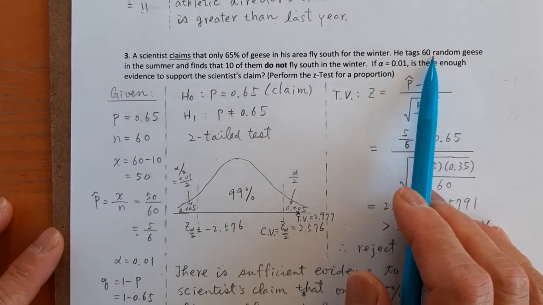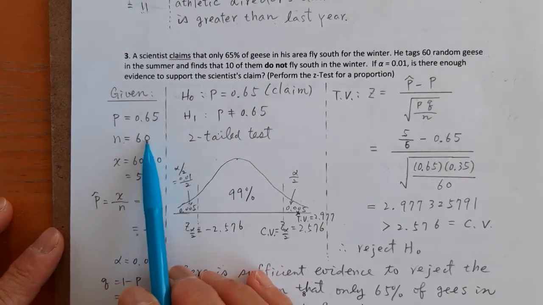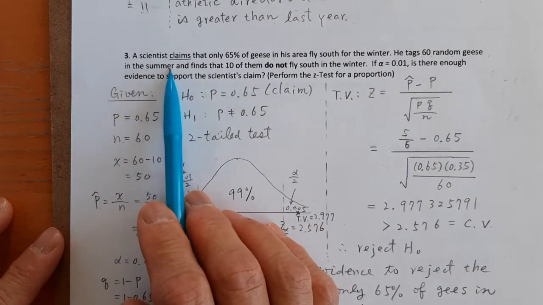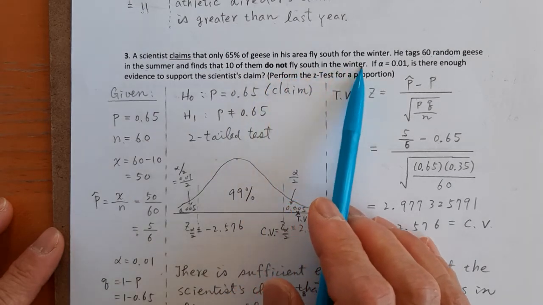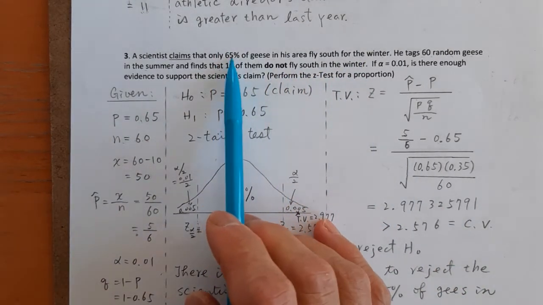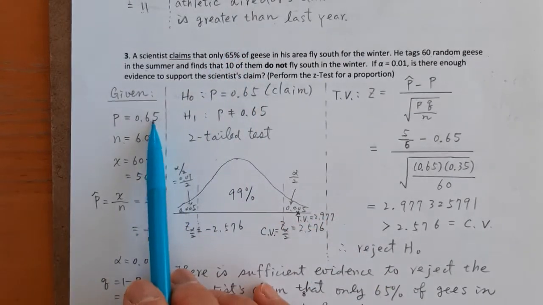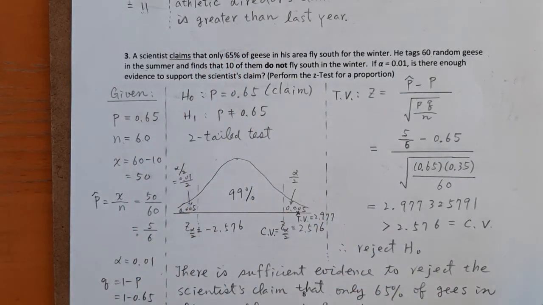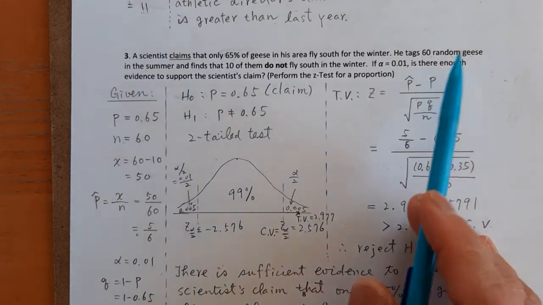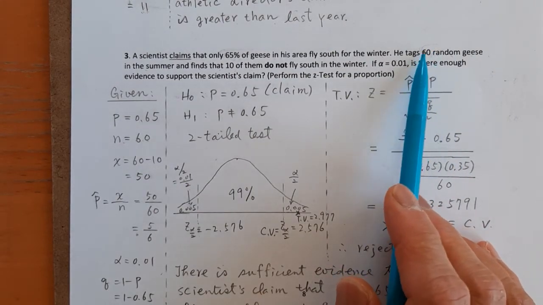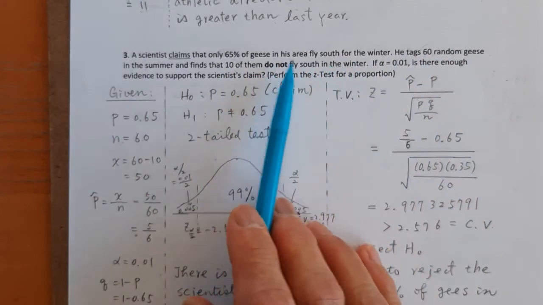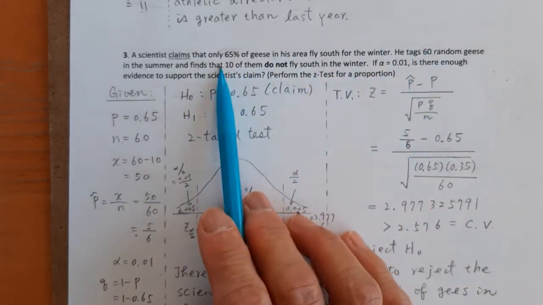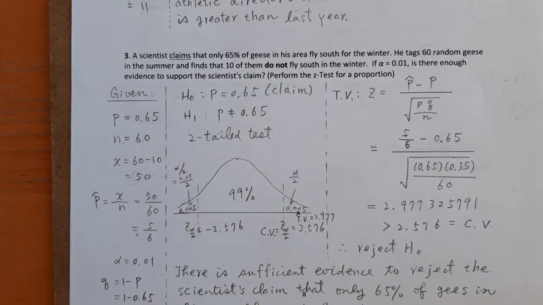And he takes 60 random geese, so N equals 60, in the summer, and finds that 10 of them do not fly south in winter. So we have to figure out out of 60 geese, how many fly south. 60 minus 10 gets 50 fly south in the winter.